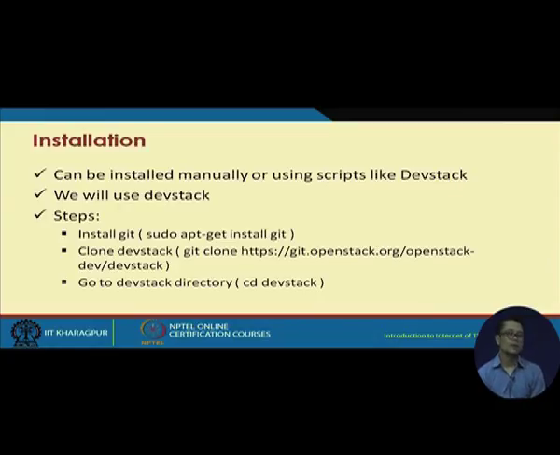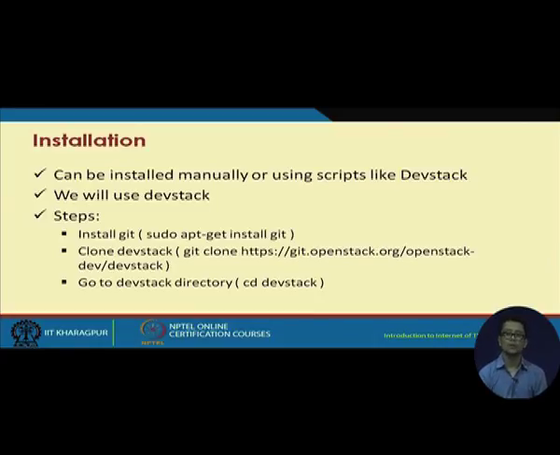While installing we may face some problems, like a proxy problem. The solutions for this kind of problem are already available on the internet. Here I'm also showing how to install it using DevStack. The DevStack script is found on the git.openstack.org website, so you can easily clone it from there.